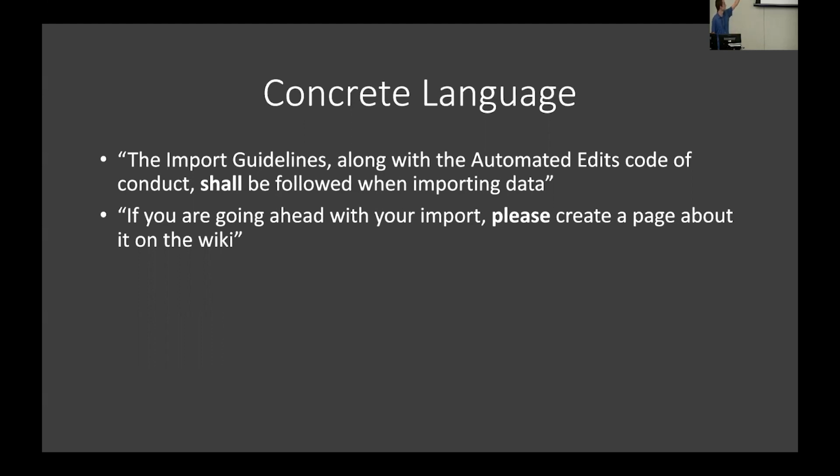This is the first sentence on the import guidelines, where it uses the word "shall," which is very defining. Then there's another sentence a little further down the page about writing a wiki page for your import, and it just uses "please." It says please do it, but it is a required step to have a wiki page for your import. So if we want to move forward, we need to fix these kinds of issues as well.